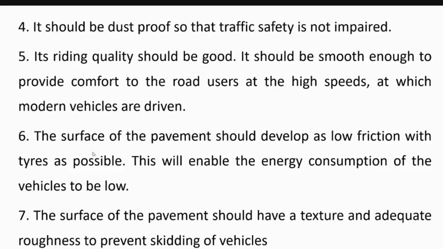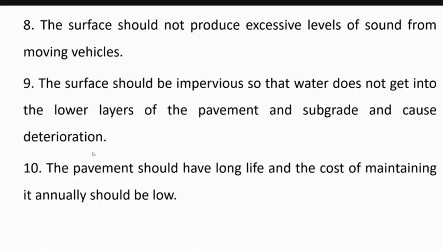Then there may be chances of accidents. And if it is rough, then the tire consumption is more and it creates a lot of noise, right? So it should be adequate. It should not be too less, and it should not be more, right? So that should be the range, and the IRC codes will provide it for different types of roads. That will be discussed in the further classes.